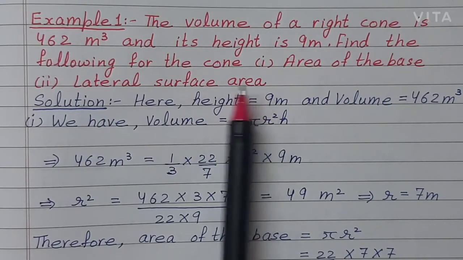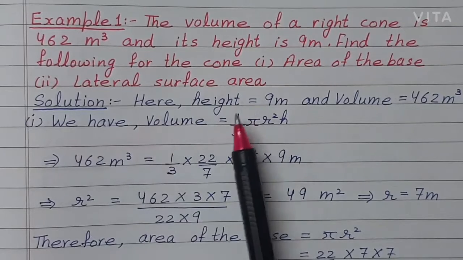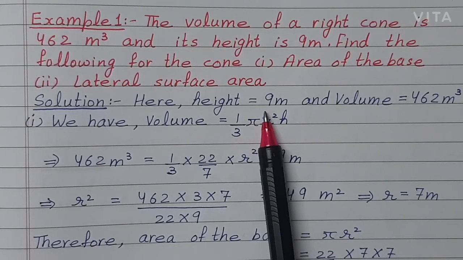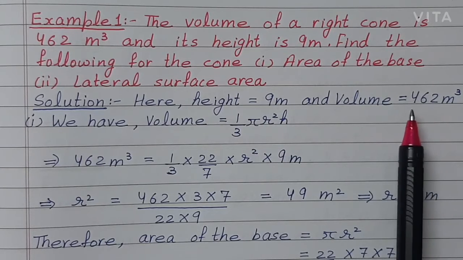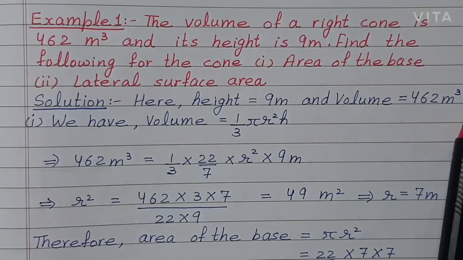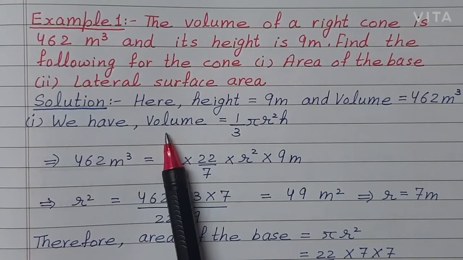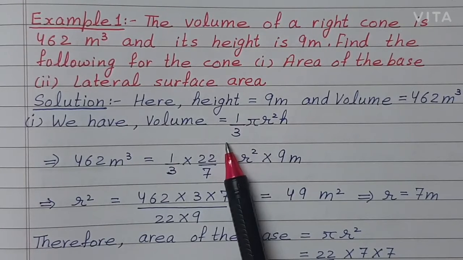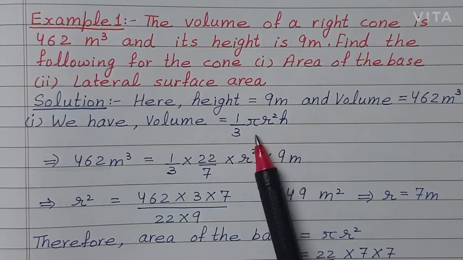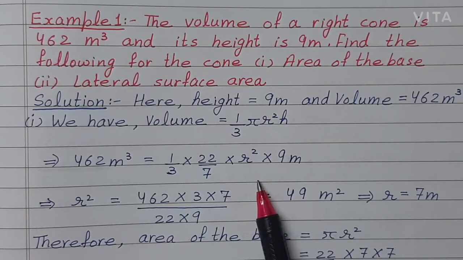Now let us see how to solve this. Students, here height is 9 meter, volume is also given, that is 462 meter cube. We know that the volume of a cone is 1/3 pi r square h. Now let us substitute the values.